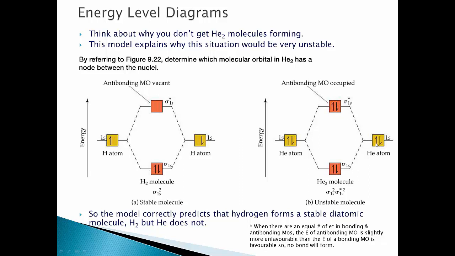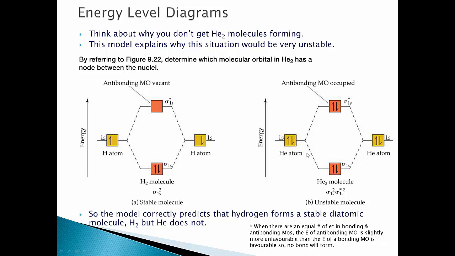So looking at our energy, you can see this is lower in energy, but this is a lot higher in energy. And what we know is that helium-2 does not exist as a stable molecule. Molecular orbital theory really helps to explain this.